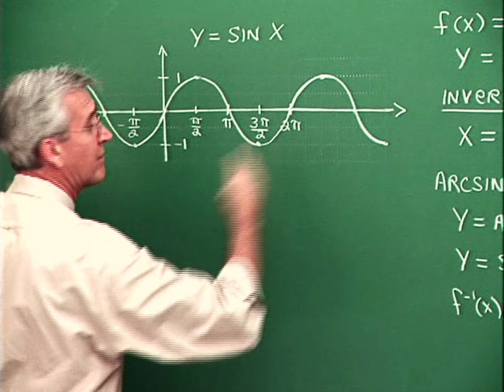Now that limiting of the domain, we're just kind of making it easy on ourselves. We can limit the domain in a lot of different ways in order to accomplish the task at hand. We could choose a different interval over which to limit the domain. We could limit the domain right in here, for example.